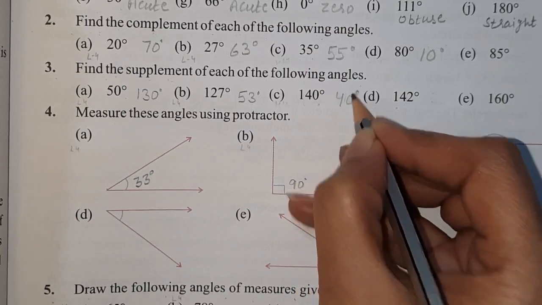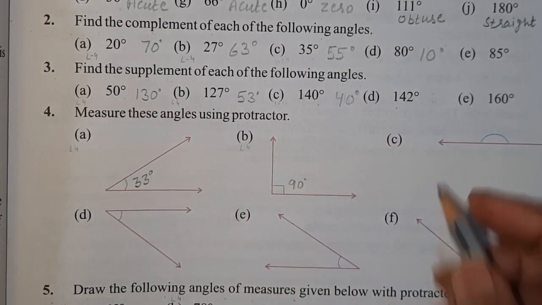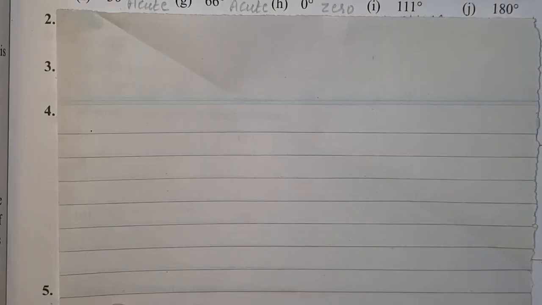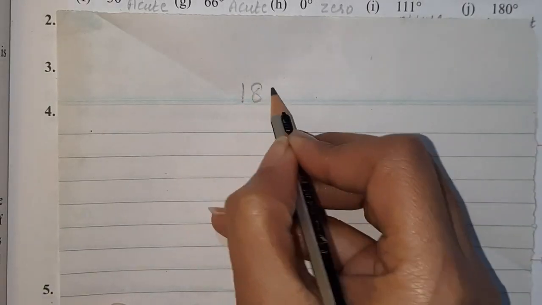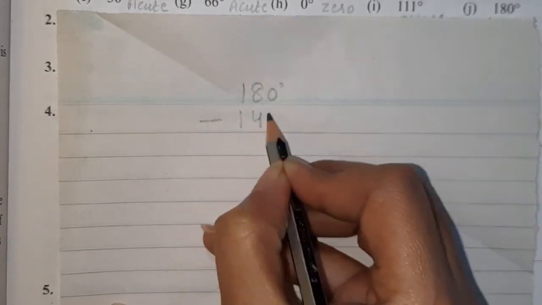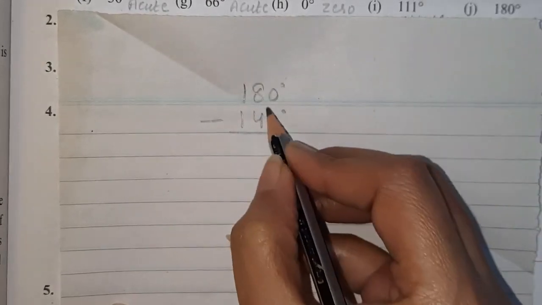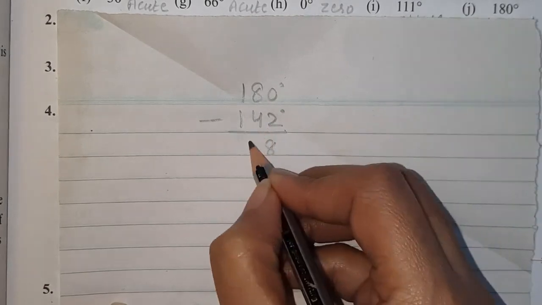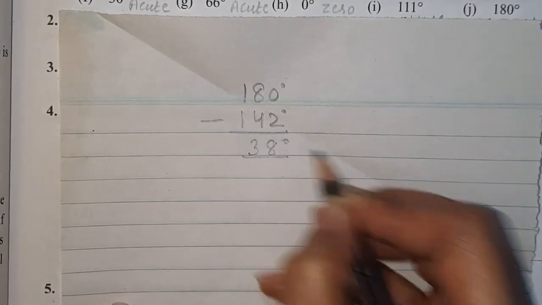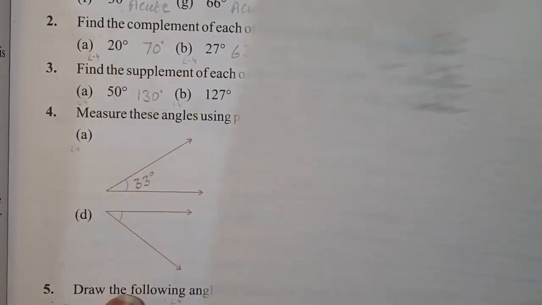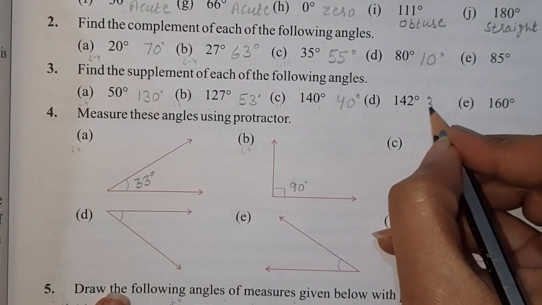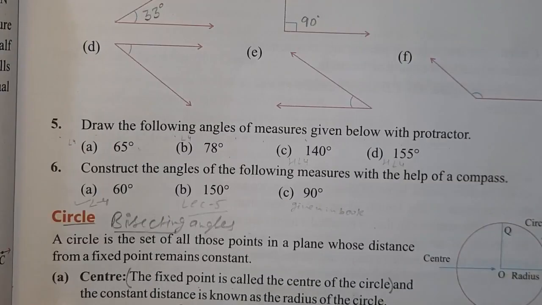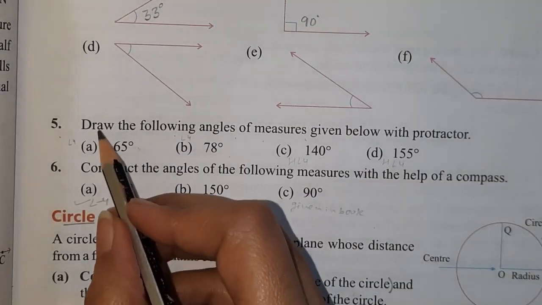Orally you can do it as 40 degree. 142 degree. 180 degree minus 142 degree. 10 minus 2, 8. 7 minus 4, 3. So it is 38 degree. Got it?